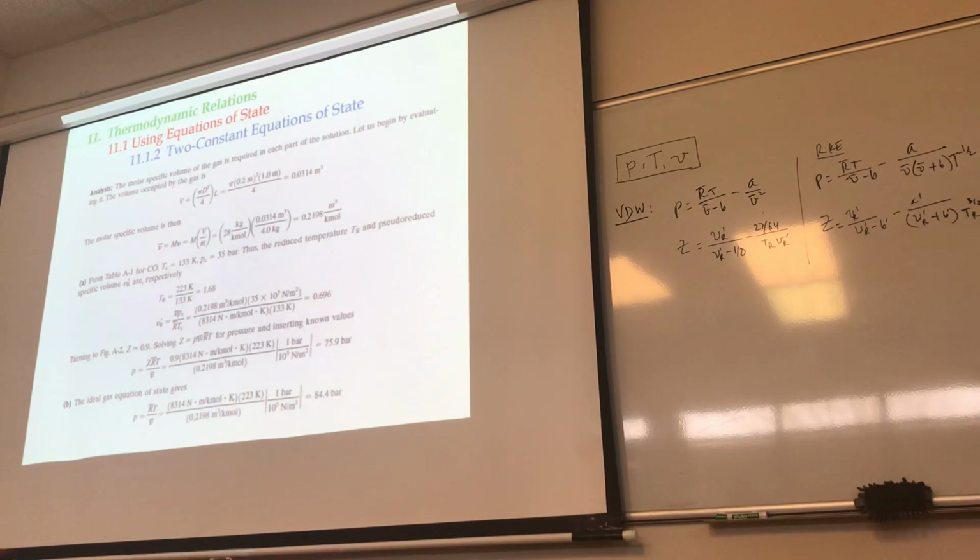So where do we go from here? First of all, we need to use the compressibility chart, right? And the compressibility chart, we've probably used this in PNGR 255 briefly, one time towards the end. You guys remember? Anyone remembers that figure A1?